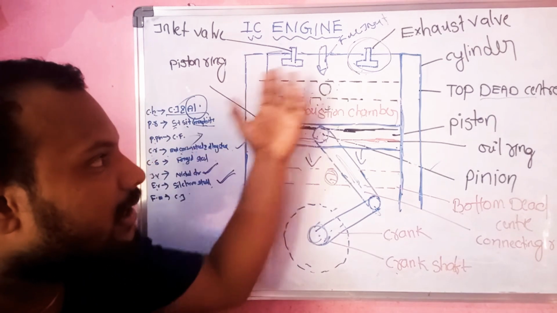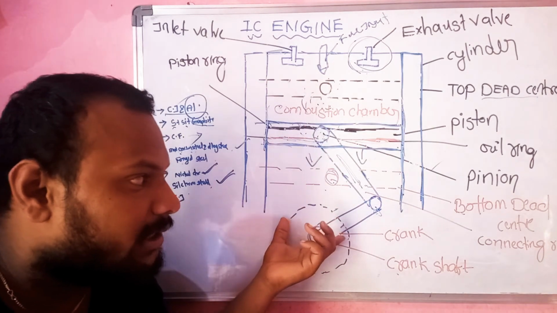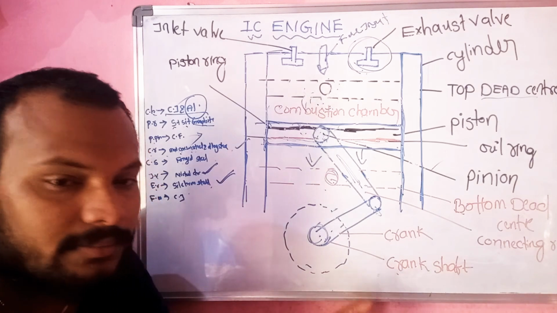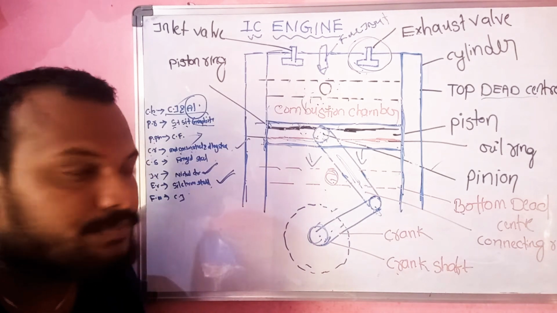So here we can see the internal combustion engine diagram, and these are its parts. One by one, we will discuss each of them now.